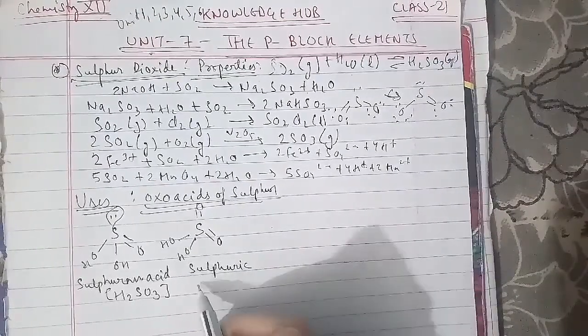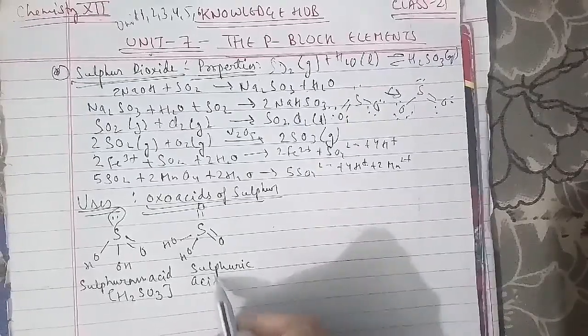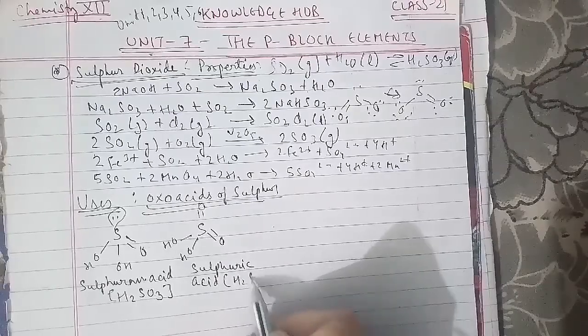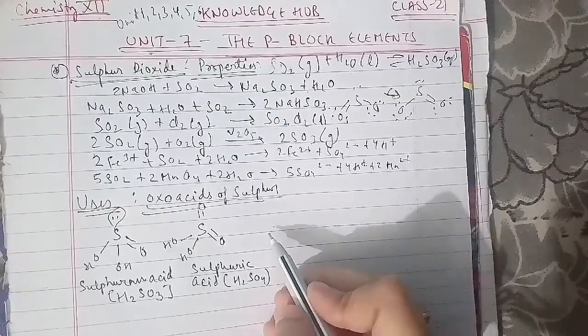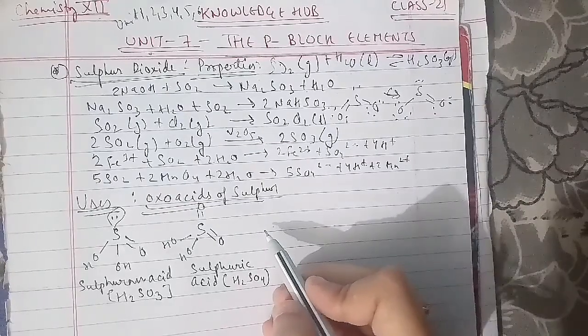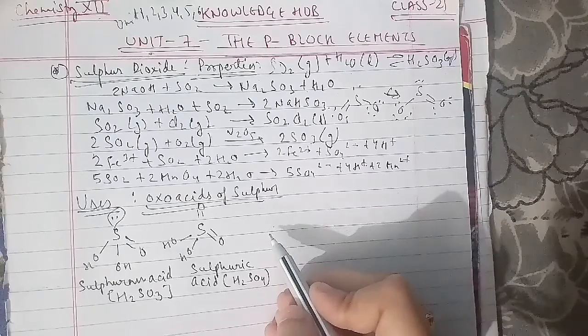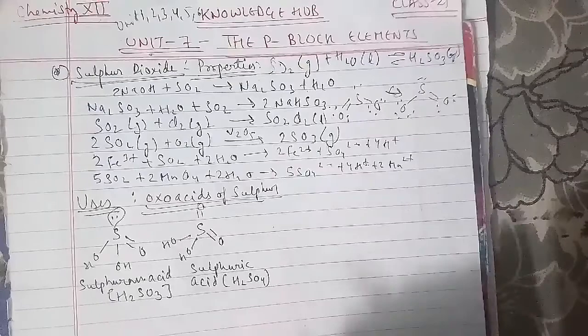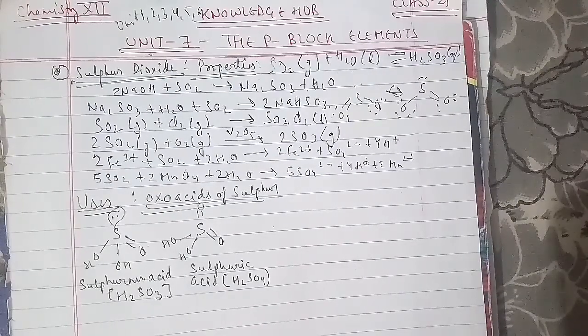So on the same cases we go ahead here, we have as follows: O double bond S double bond O, and then we have O, and this is OH. With O, this is being connected to O as well. Then we have S double bond O, which is also connected to O, and this is OH.